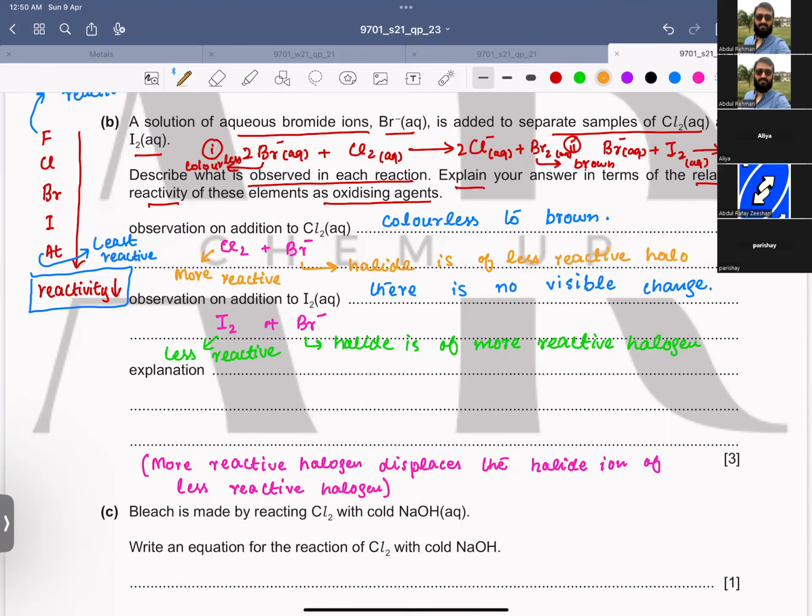So that's why the reaction would occur. So here the reaction occurs, and here the reaction would not occur. Now, is this clear?